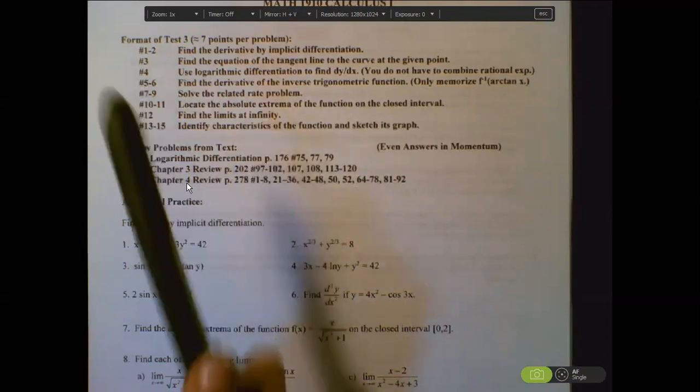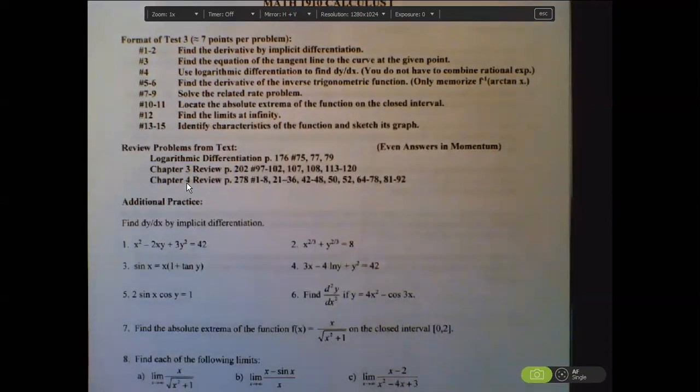The endpoints. Yes, the endpoints. If I give you a closed interval and say find the extrema, then you not only look at the critical points, but also the endpoints. Find the y values. The highest one is absolute max, lowest one is absolute min.